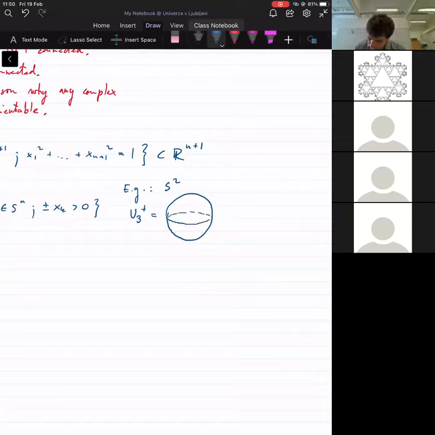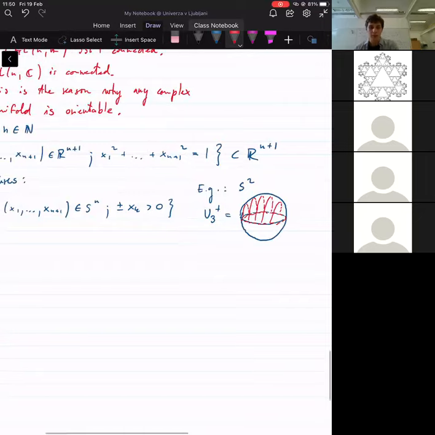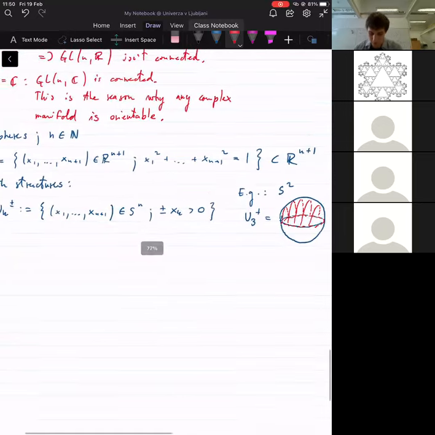So this is a sphere, right? And this U_3^+ is nothing else but the upper hemisphere without the equator. Okay, so U_3^- would be the hemisphere below, and you also have the left and the right one, and the front and the back one, right? So there's 6 of them.